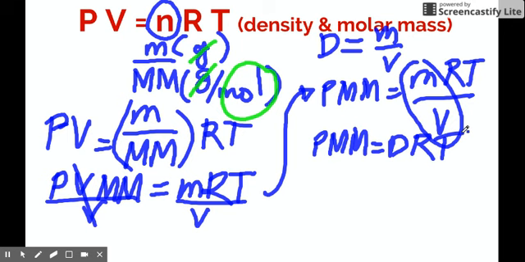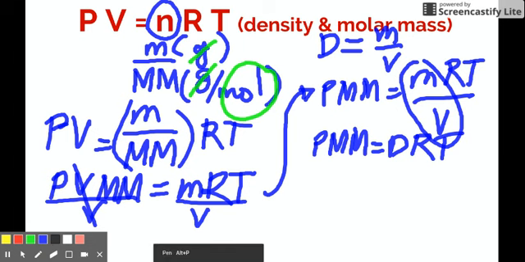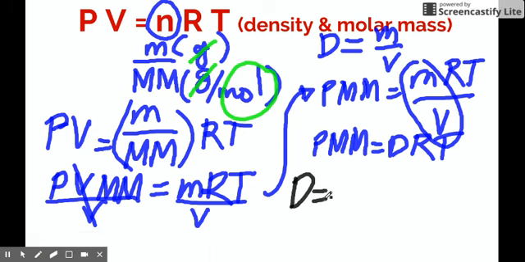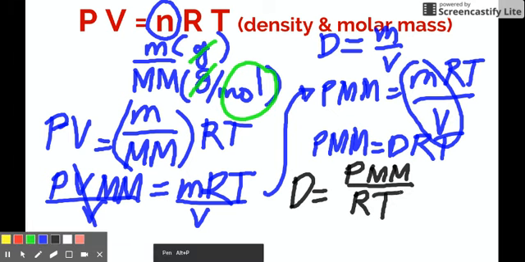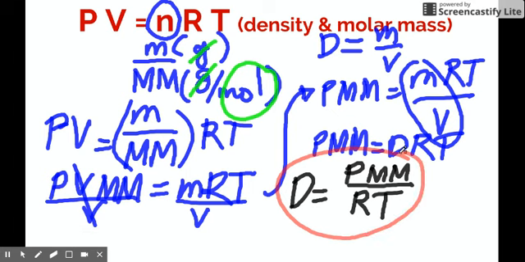If you want to get density, you just divide both sides by RT. So our final expression for density in terms of the ideal gas law is density = pressure times molar mass over the gas constant times temperature. That is the final mathematical equation for getting density from your other variables related to gases.